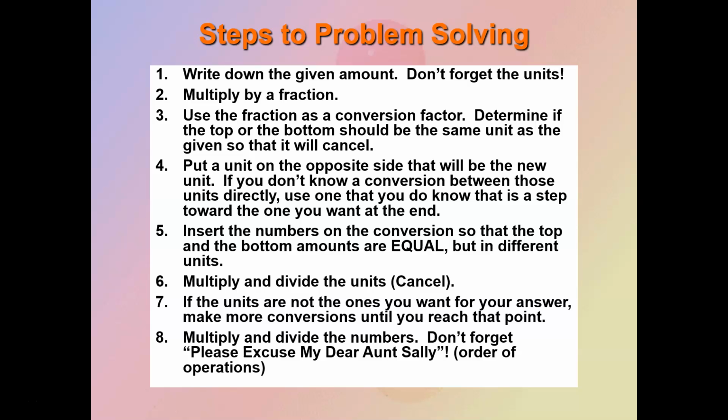Multiply and divide the unit. What you're going to hear me say a lot of is multiply the top, multiply the bottom, divide the top by the bottom. That's just essentially my way of making sure you keep order of operations straight. If the units are not the ones you want for your answer, make more conversions until you reach that point. Then you're going to multiply and divide the numbers, and don't forget your order of operations once again.